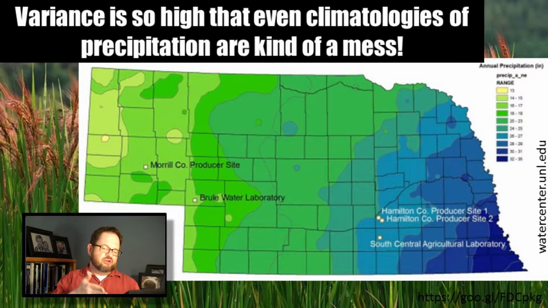Let me give you an example here. Here's a 30-year climatology of precipitation that I got from the UNL website for Nebraska. You can see how broadly it is drier out in western Nebraska and more moist in southeast Nebraska. But when you look at all those little contours and little areas where there's a little bit more rain and a little bit less rain, do you think that's real? Do you think for some reason it just rains a little bit more right there and a little bit less right there?